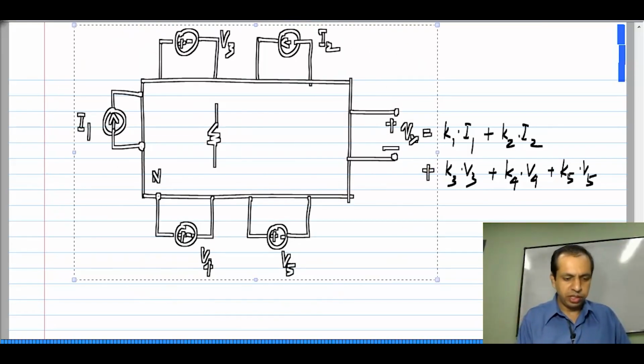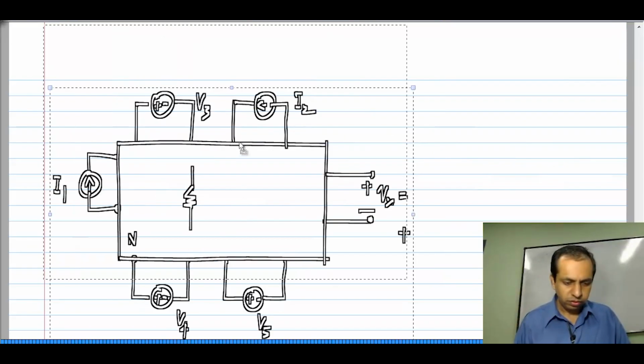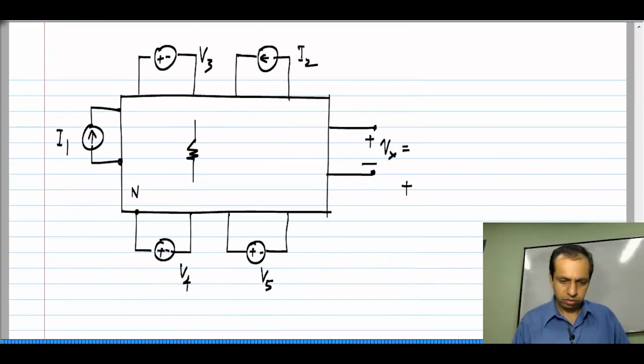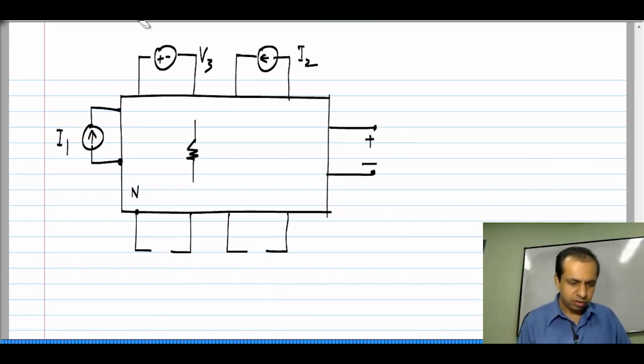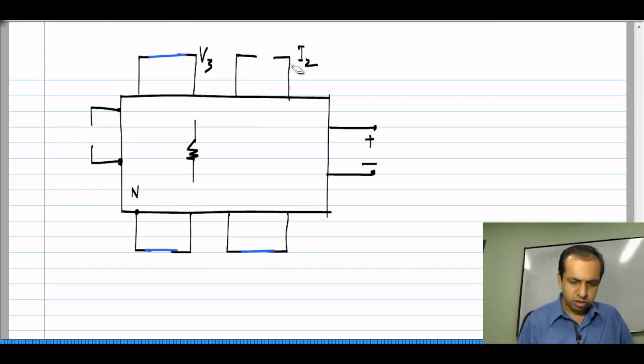Okay. Now, how do we use reciprocity in a situation like this? What we do is we deactivate all these sources, that is, we short circuit all the voltage sources and we open circuit all of the current sources. Okay.